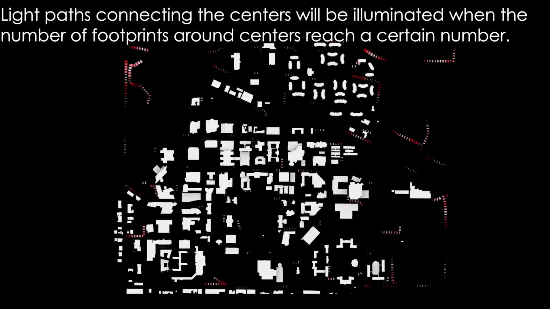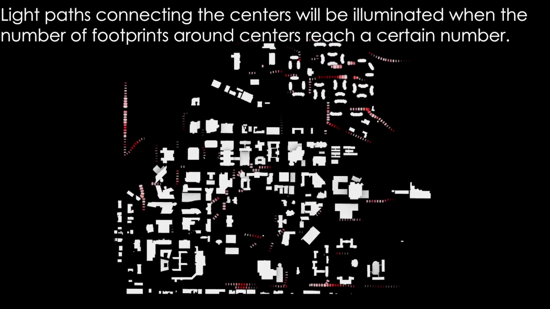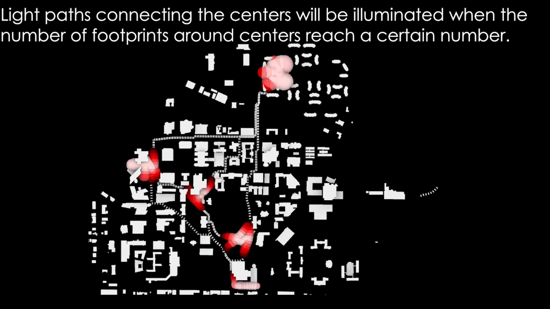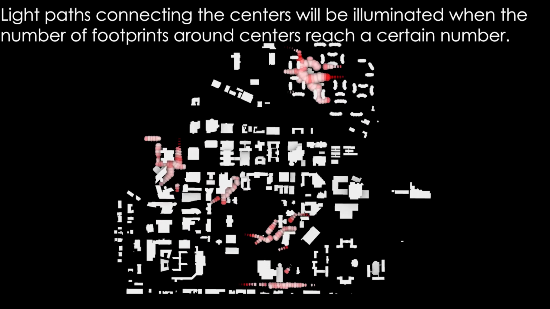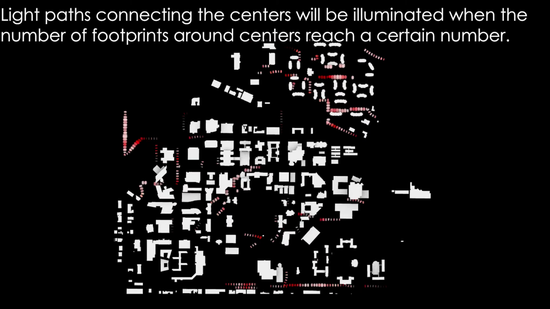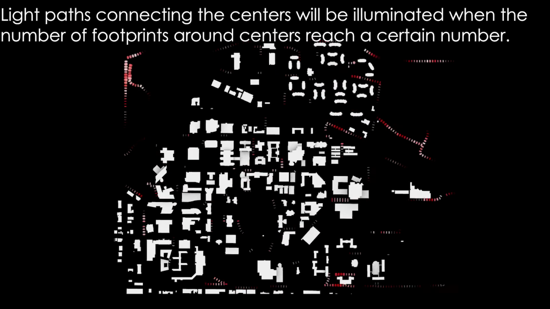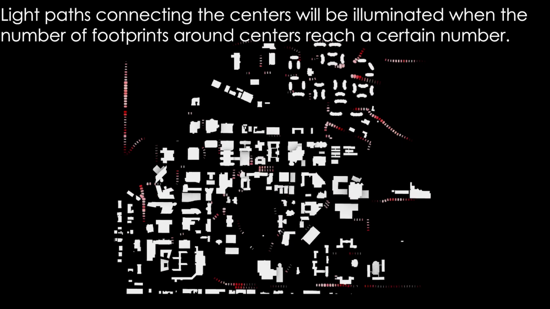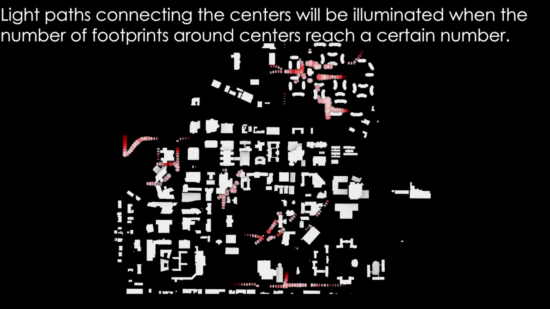And in addition to that, I made the light paths connecting the centers be illuminated when the number of footprints around the centers reaches a certain number. The reason I want to do this is that if we expand the center's meaning to a broader context, the centers can be both the centers of activities and the shelters for emergency.